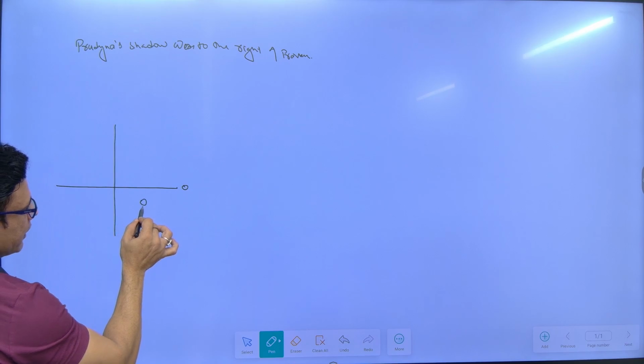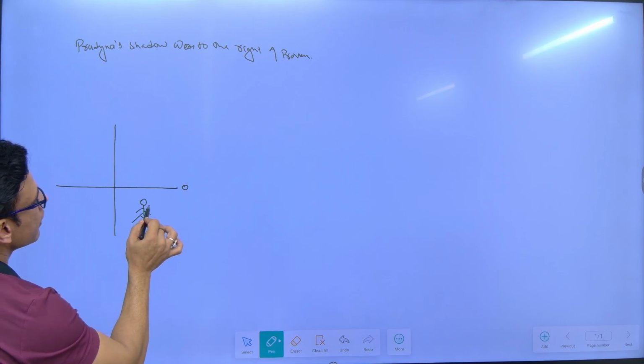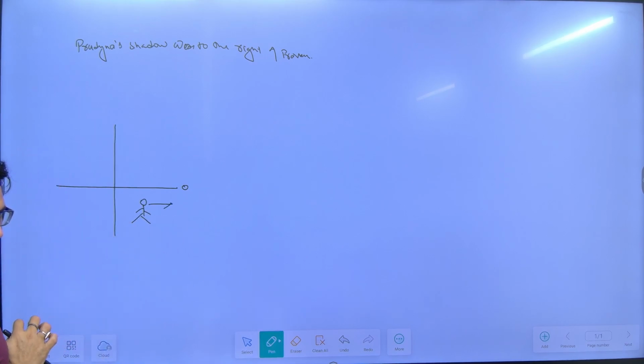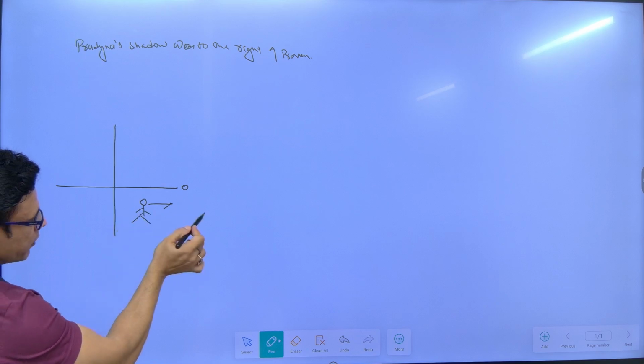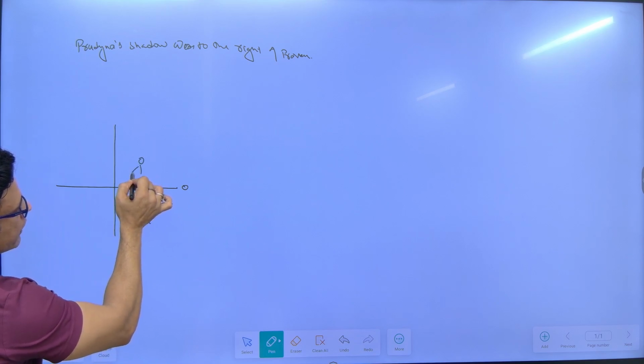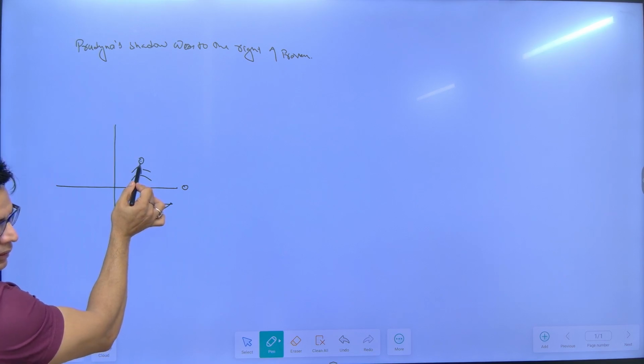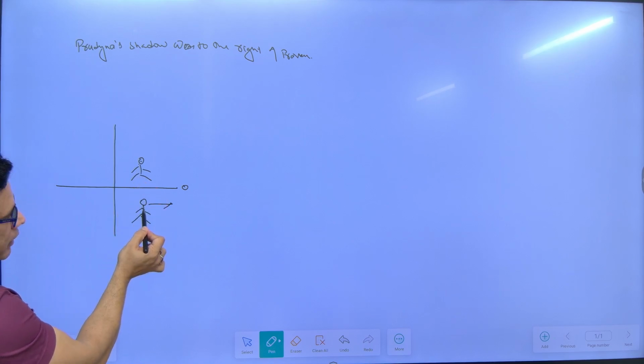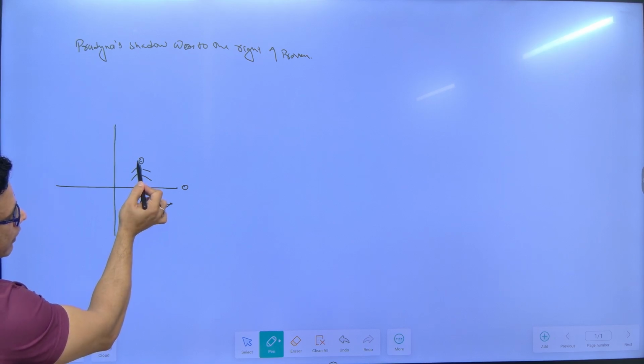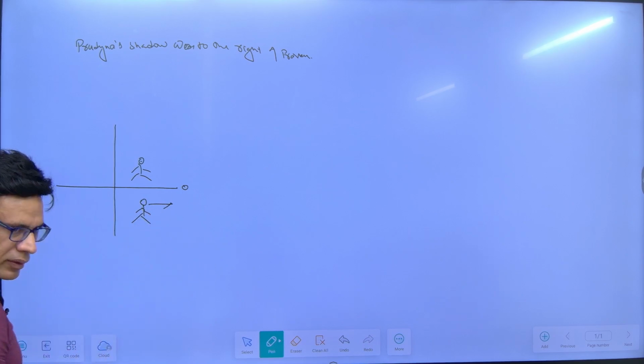Place somewhere Praveen. This is Praveen. To the right of Praveen is this. And to the right of Praveen, Pradnya's shadow is falling, right? That means Pradnya is this. This is Praveen. Pradnya is talking to Praveen, and Pradnya's shadow is falling to the right of Praveen.